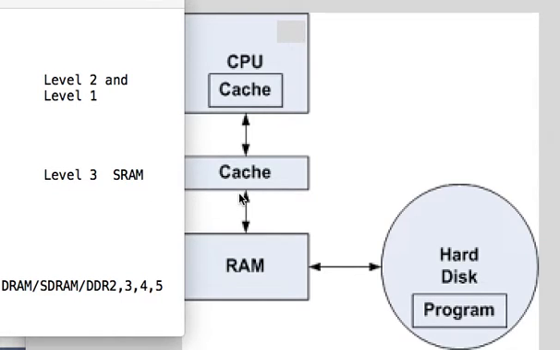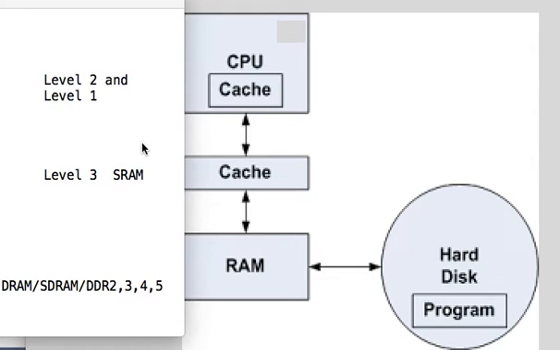And ultimately what happened is they created 2 more levels and they put them on the CPU chips themselves, level 2 and level 1. So the CPU first looks at level 1, which is smaller than level 2. Then if it can't find the instruction in level 1, it goes to level 2. If it can't find it there, it goes to level 3. If it can't find it there, it goes back to RAM. So you can see each different level of cache actually allows the machine to work faster.